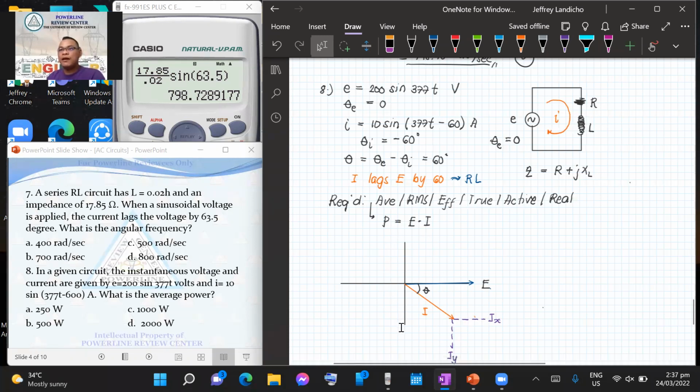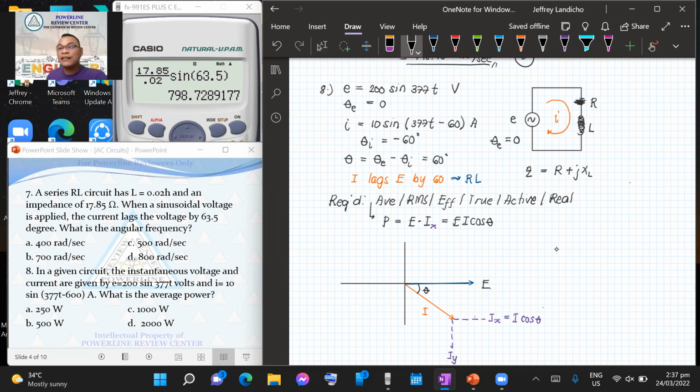Reactive axis. So when we take this I sub X, it should be equal to whatever the value of your current, multiplied by what? Cosine theta. So when we substitute that, you have only E times I multiplied by what? Cosine theta. So that is the formula for your real power.